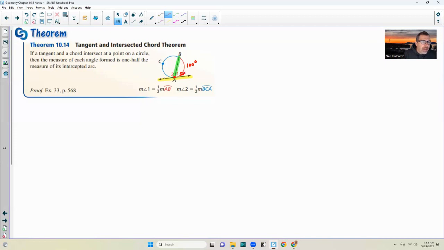Since the tangent is a straight line, that makes a linear pair, and if this is 50, then angle 2 would have to be 130 degrees. If that is 130, then arc ACB would have to be 260 degrees. And 260 plus 100 is 360, or a full circle. Okay, so let's take a look at that in some examples.